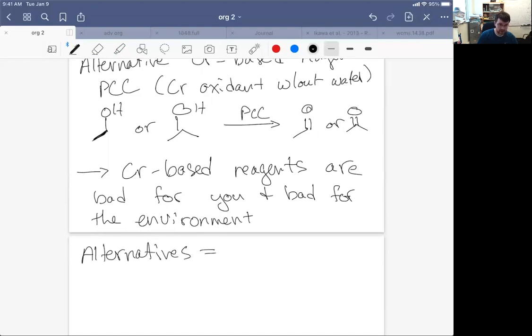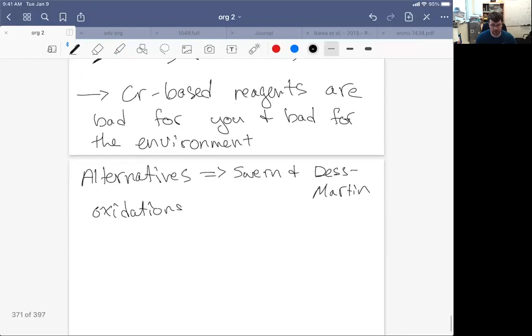And they include the Swern and Dess-Martin oxidations. So these are a combination of protocols, use common reagents, and then an uncommon reagent that has a very simple protocol. So the Swern oxidation has a complicated protocol. I mean, it's not too bad.